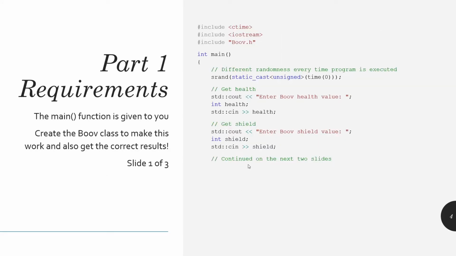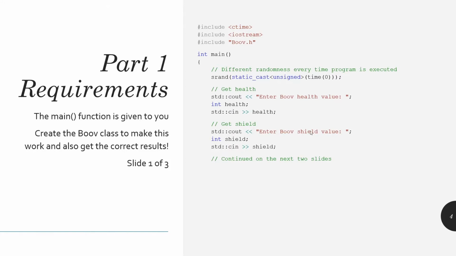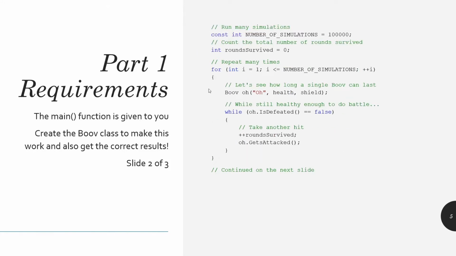There are 3 slides that show this. What you're going to do is enter a health value for the Boov, enter a shield value for the Boov, and then the computer is going to run 100,000 or a million or who knows how many simulations, checking to see, based on that starting health and shield, how many rounds this Boov can take before being defeated, following the rules for the isAttacked function that we just created.